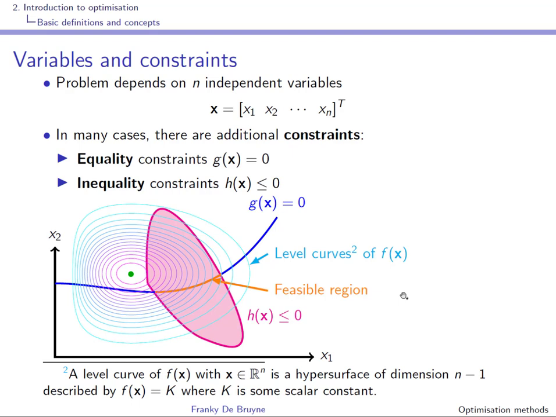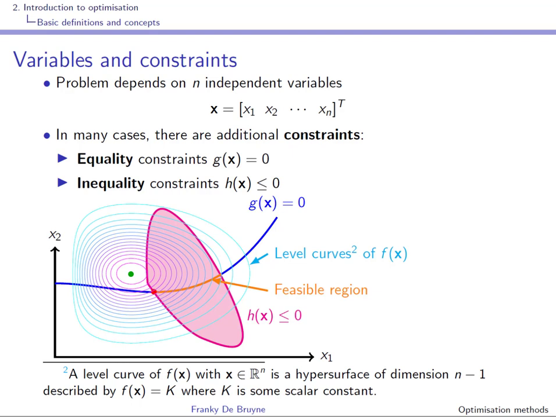It's the part of g of x is equal to 0 that lies inside the region h of x smaller or equal to 0. And of course, if you take all the x's that are in the feasible region, the one that is going to give you the smallest cost f of x is now shown here in red.